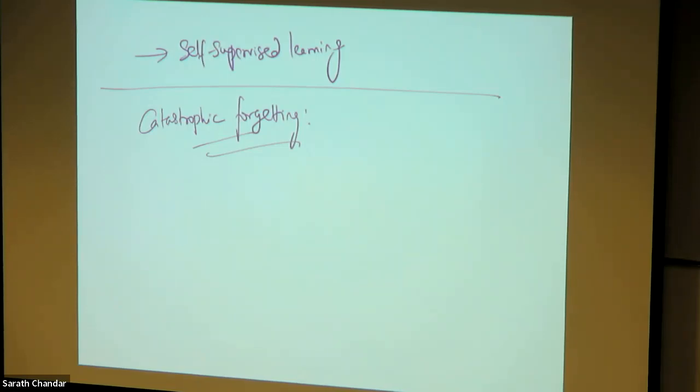Now, this idea of degradation in performance in the previous task is known as catastrophic forgetting, because you're forgetting the previous task. And I think even humans have some catastrophic forgetting, but probably not that catastrophic. Humans have some forgetting for sure, right? If you learned to play piano when you were 10, and let's say after 30 years you see the piano again, you haven't touched it for 30 years, obviously you cannot play at the same level.